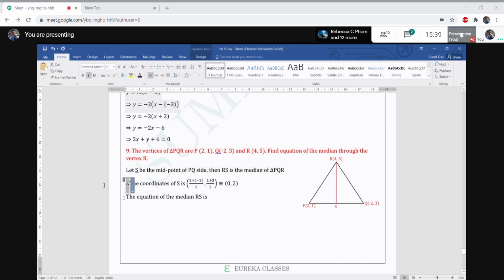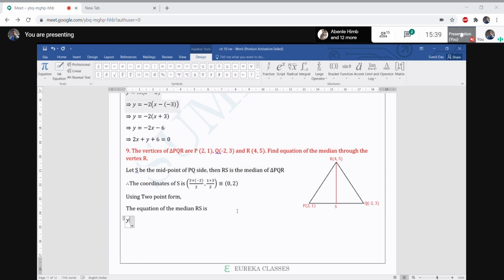Using the 2-point form, the equation of RS is y minus y1, right? We are considering now RS, so S is 0 comma 2, and R is 4 comma 5.